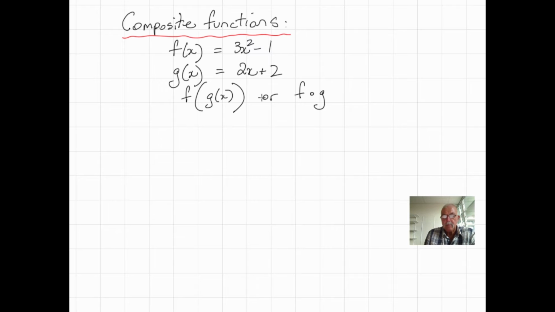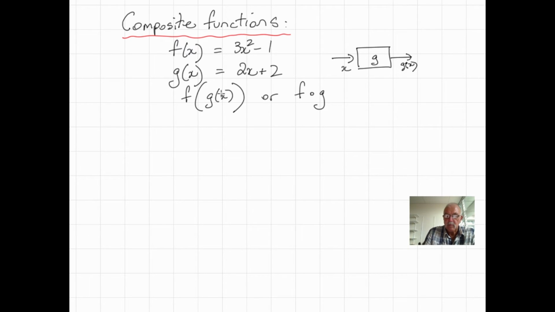So if we were to calculate this, we do g of x first. If we go back to our concept of a black box, we input x into the first black box, which is g, and out will come g of x.